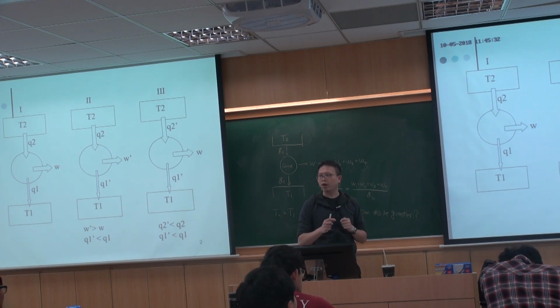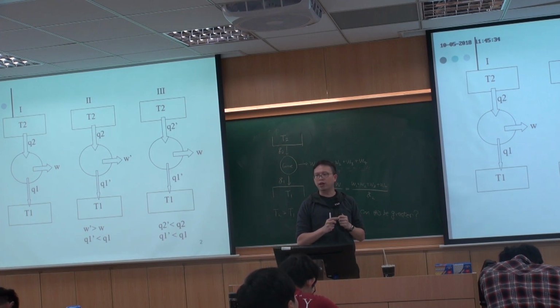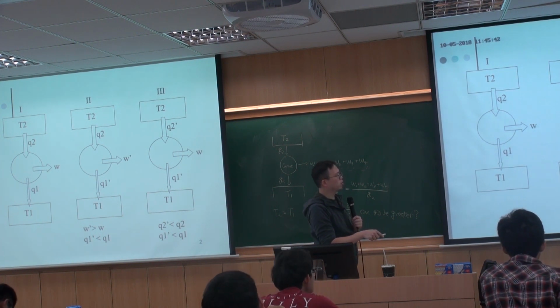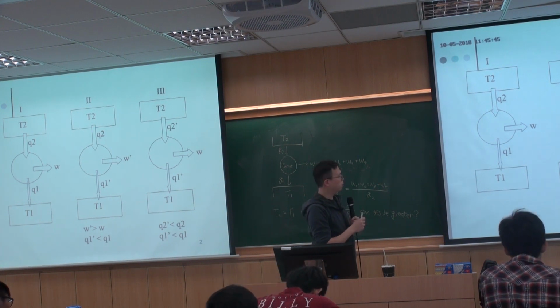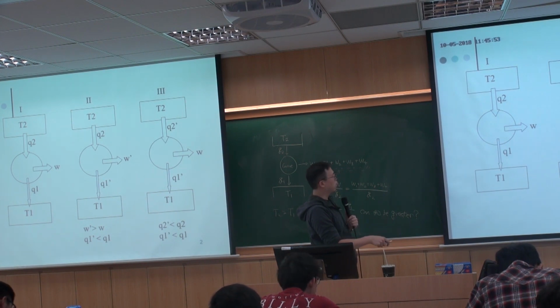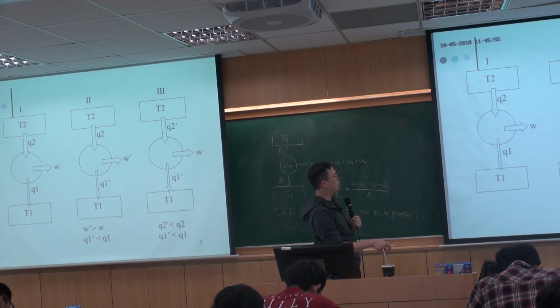So imagine that you have an engine that is better than the Carnot engine that can produce more work and reduce the amount of heat waste that's being dumped into the cold reservoir. So in that case, this work W prime is greater than the original W. And Q1 prime is less than Q1.